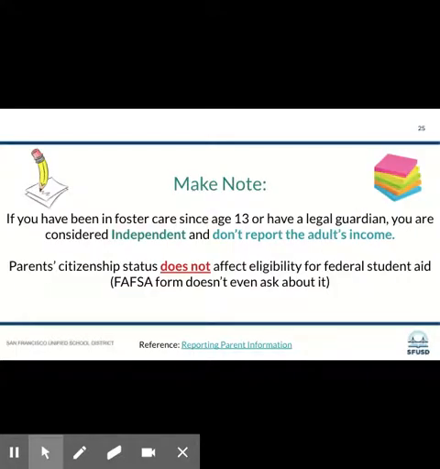Remember that if you've been in foster care after you turn 13 or have a legal guardian determined by a court of law, you are considered independent and don't have to report the adult's information. Also to note, the FAFSA and California DREAM Act application do not ask about your parents' citizenship status, and the information you submit is not shared with any government immigration offices.